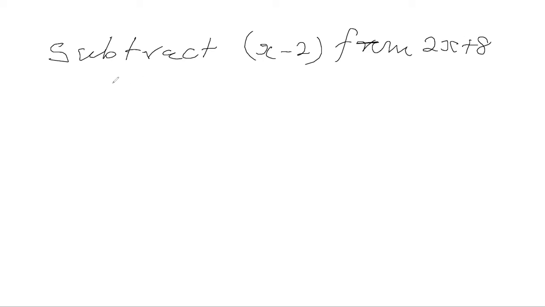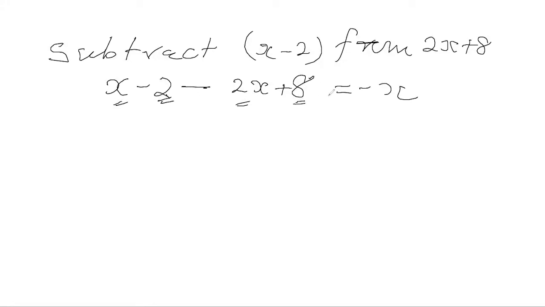So what they do, they first write x minus 2, then subtract 2x plus 8. Then they simplify it like this. Like terms, x minus 2x is minus x, minus 2 plus 8 is plus 6. This gives a wrong answer.